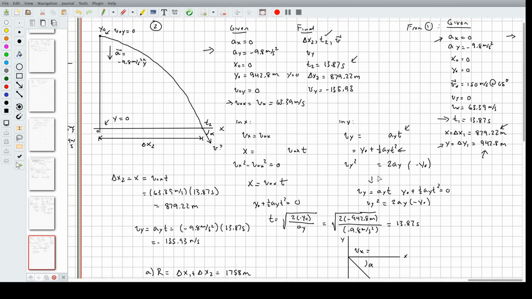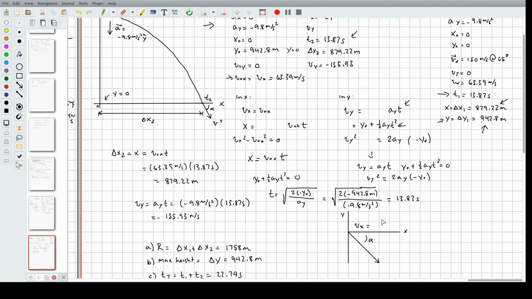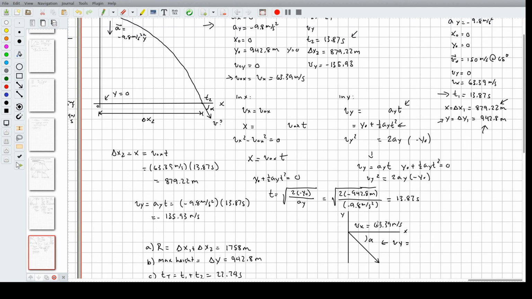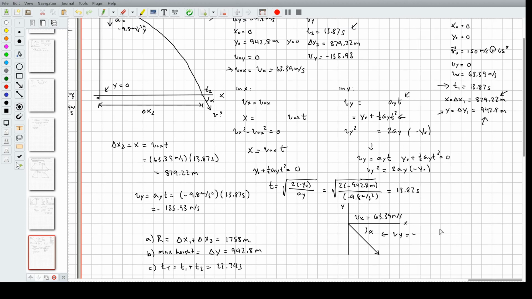We know the x part here from noting the fact that the acceleration in the x direction is 0. So the initial velocity is the same thing as the final velocity. That would be 63.39 meters per second. For the y part here, we just proved a point that it's minus 135.93 meters per second.